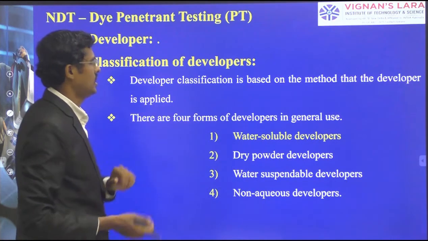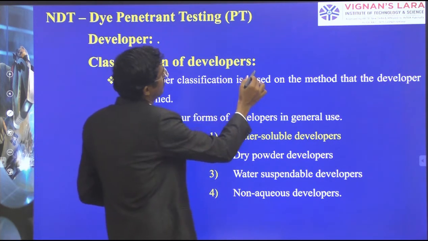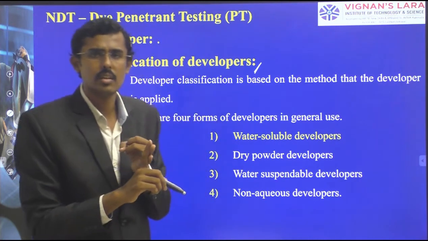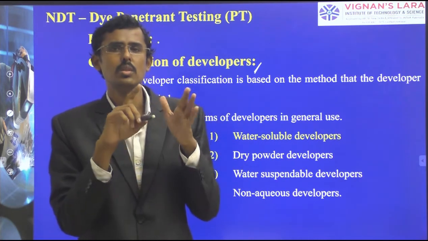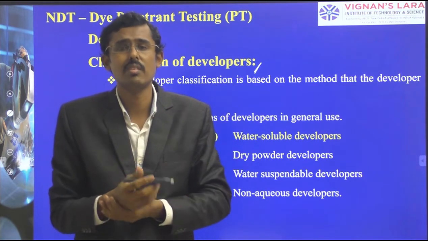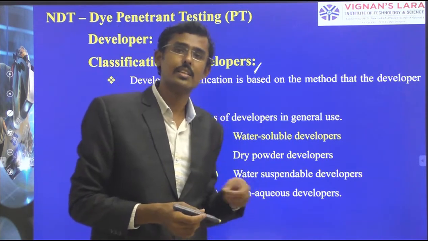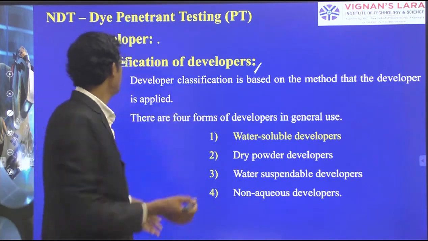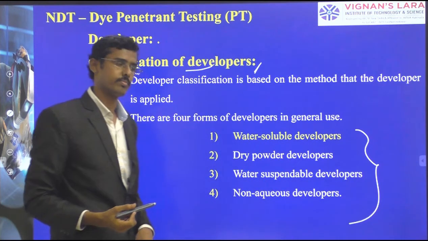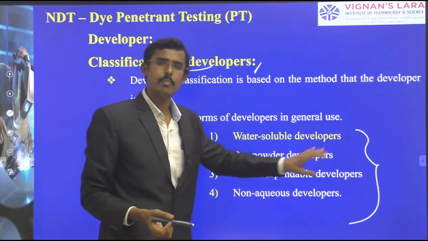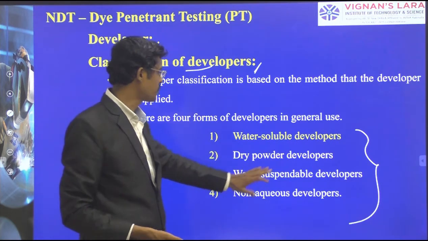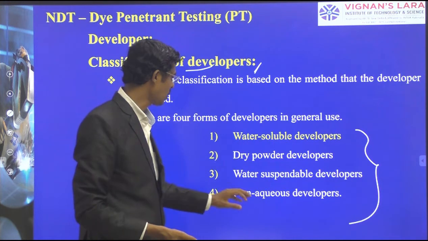I am classifying the developer like we have done for the penetrant, which could be a visible penetrant or a dye penetrant, emulsified, water soluble, or solvent soluble, divided based upon sensitivity. Like the penetrant types, I am dividing the developer types into four categories: water soluble developers, dry powder developers, water suspendable developers, and non-aqueous developers.